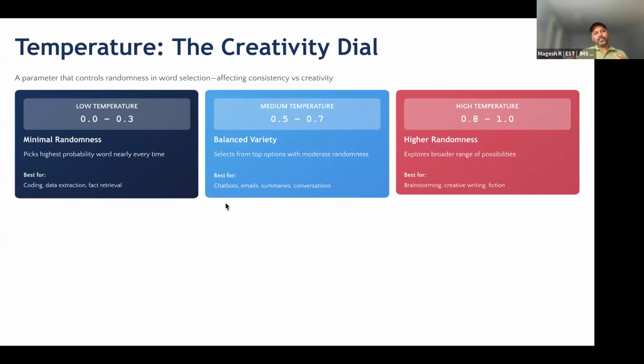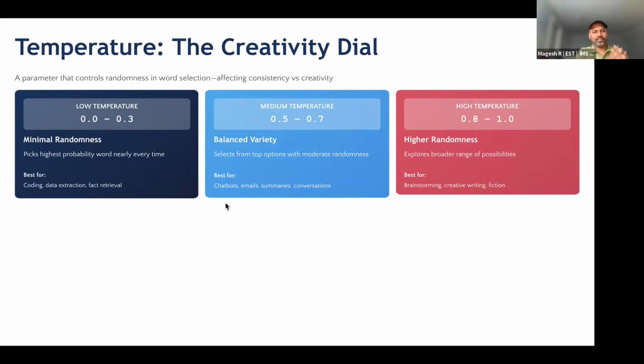The lesser the temperature, the less the creativity, which means it will give similar answers again and again. Underlyingly, when it tries to fill in, it picks the highest probability word. So for the weather today, if the most probable word was sunny, it will pick that rather than the other ones.